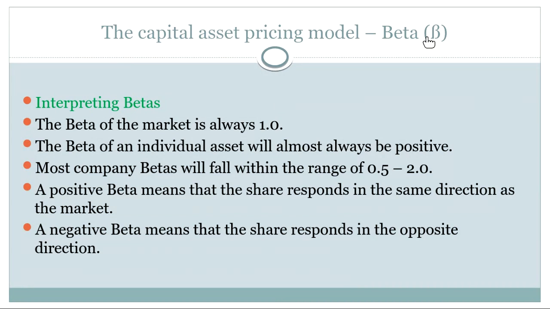So remember, in our CAPM formula, one of the variables is beta. So if I've got 5 different assets, each one of those assets will have a different beta. Okay, because the beta of each asset represents the quantity of risk linked to that specific asset.